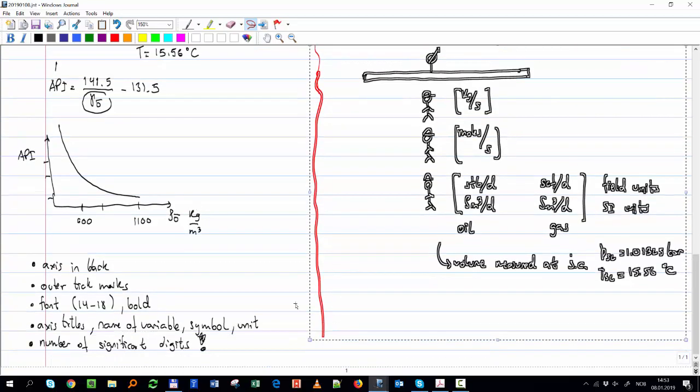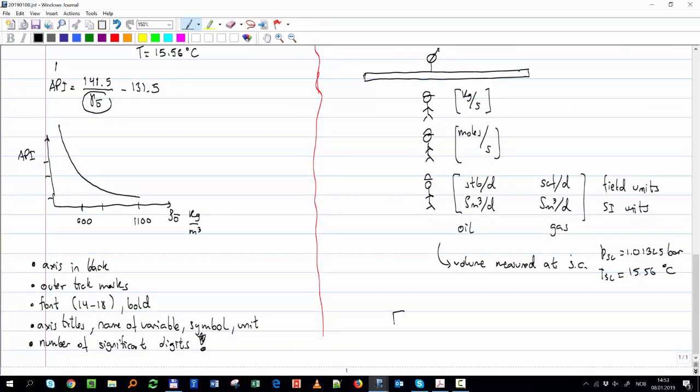We take that block of oil that I have here, actually the whole block, might have oil or gas, and I take it to standard conditions, exactly at PSC and TSC. And there I count how many barrels I have.